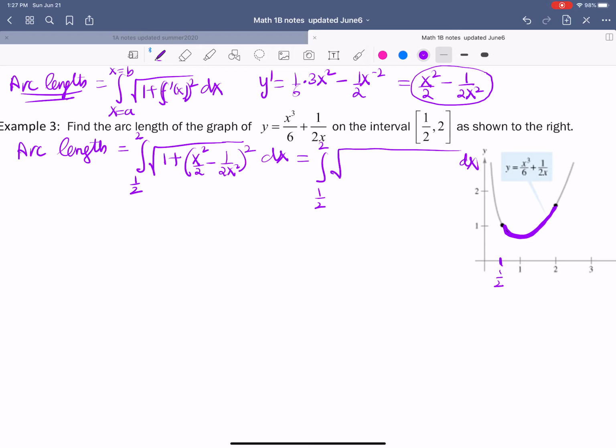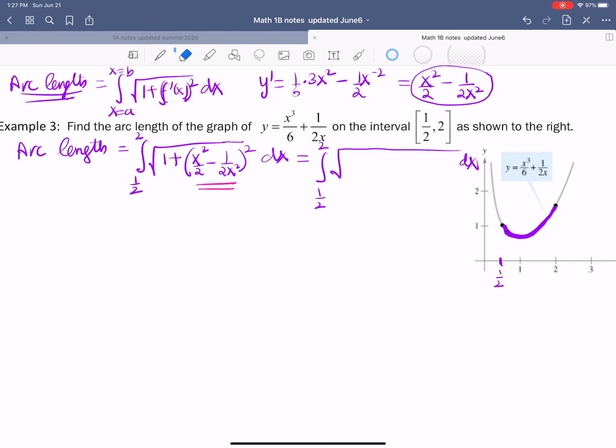I'm going to FOIL this parentheses: x squared over 2 squared is x to the 4th over 4, plus 1 over 4x to the 4th. It would be x to the 4th, not x squared.